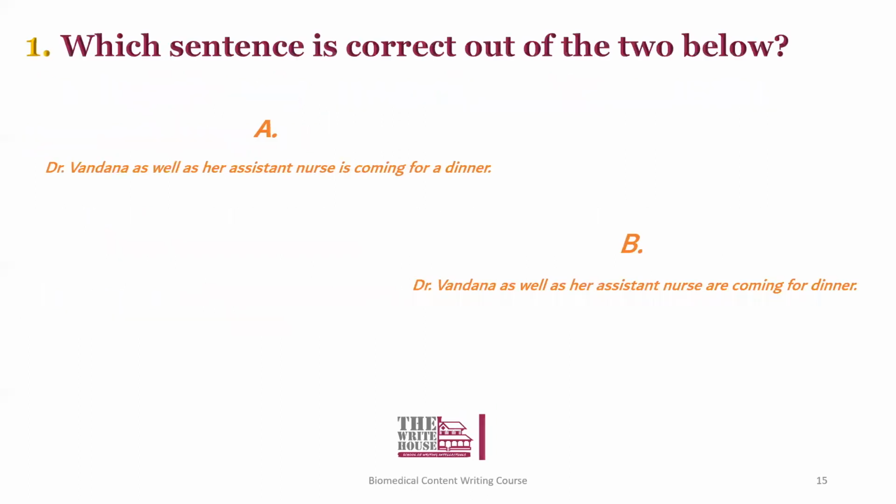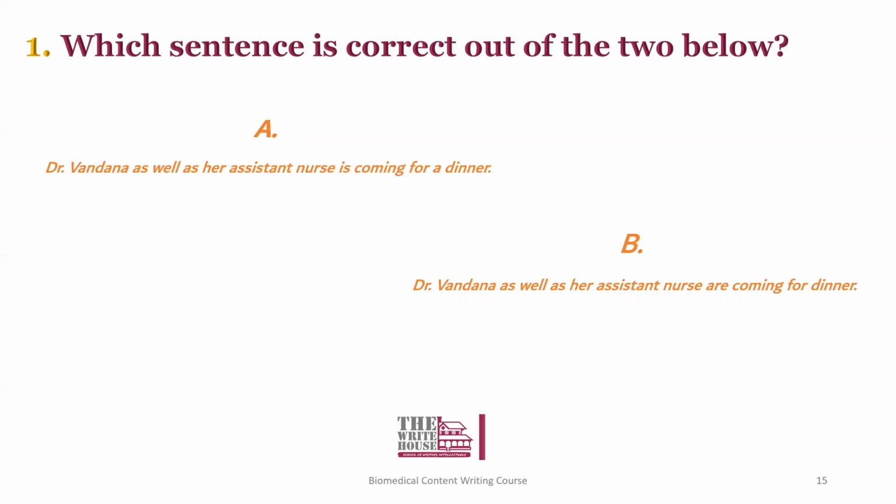Just like here, Dr. Vandana as well as her assistant nurse. Now, as well as her assistant nurse is just adding the description of your subject, that is Dr. Vandana. So this is not two people. This is considered as one subject. You must remember this, that if it is Dr. Vandana and her assistant, then it becomes plural.